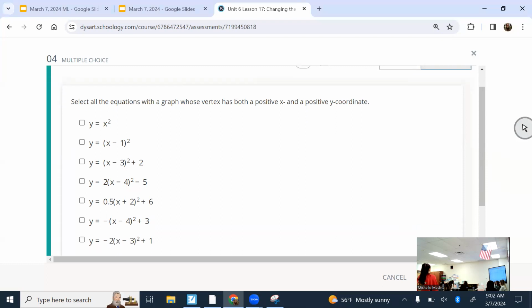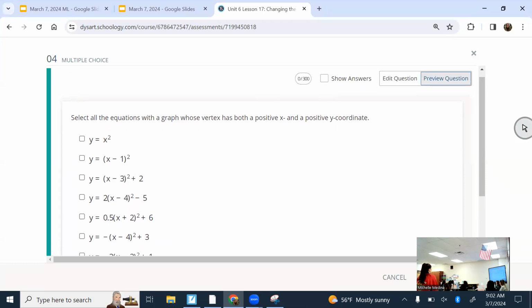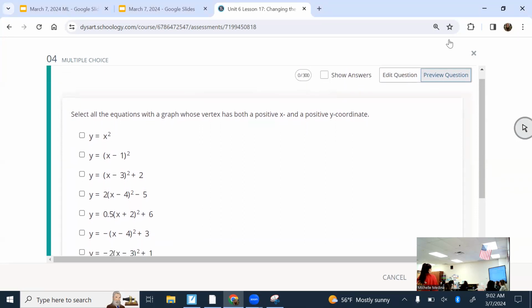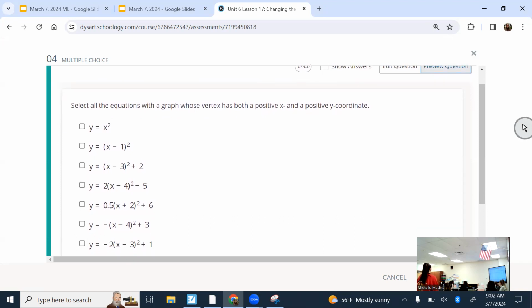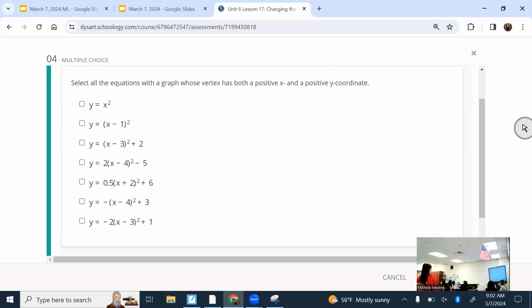Or on the lesson 17 practice, we are selecting all equations with a graph whose vertex has both a positive x coordinate and a positive y coordinate. So what would be the vertex of our parent graph?